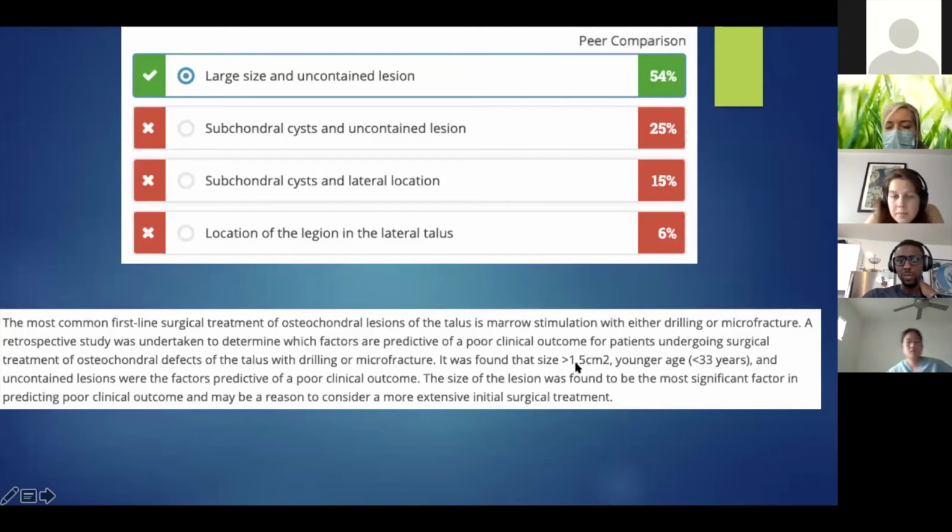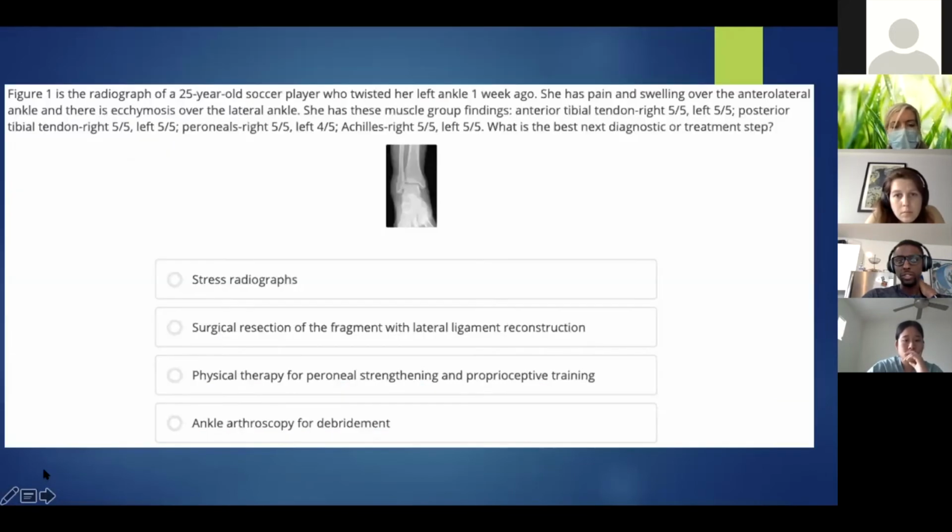I know in the book it says 1 centimeter squared, so that's where there is a little bit of a discrepancy. But largely, they're not going to test you whether it's 1.2 versus 1.5. It's either going to be a small lesion or it's going to be a large lesion. Does that make sense? But this will go up to 1.5, but I know the book says 1. Okay, maybe one more.